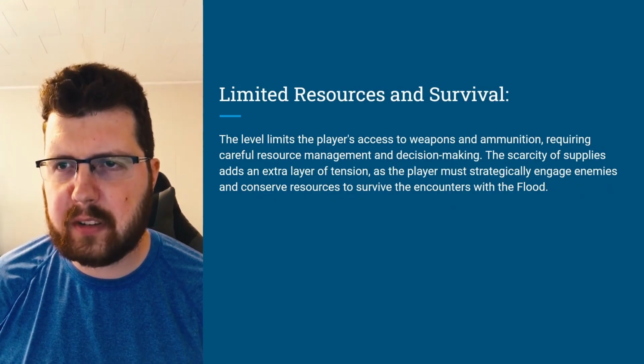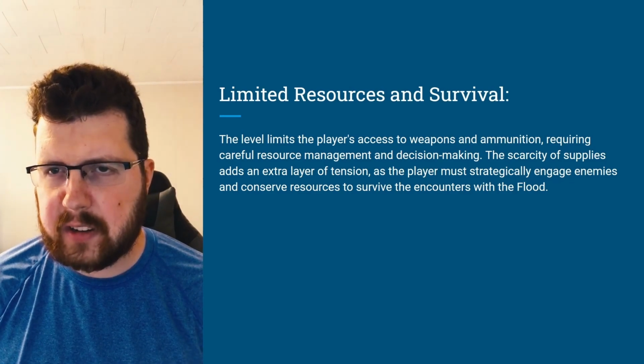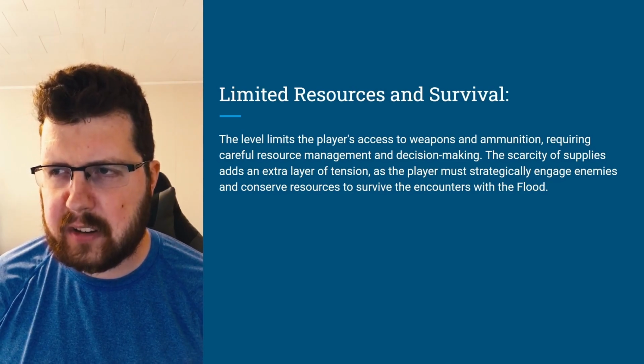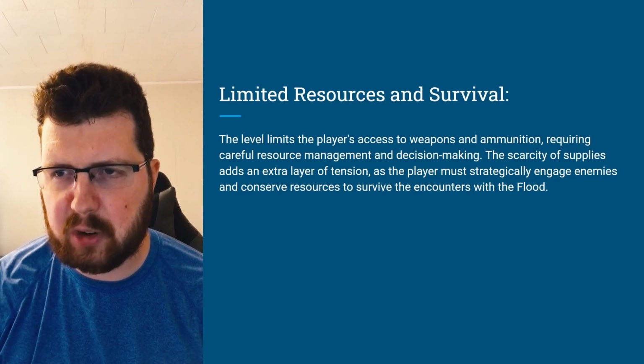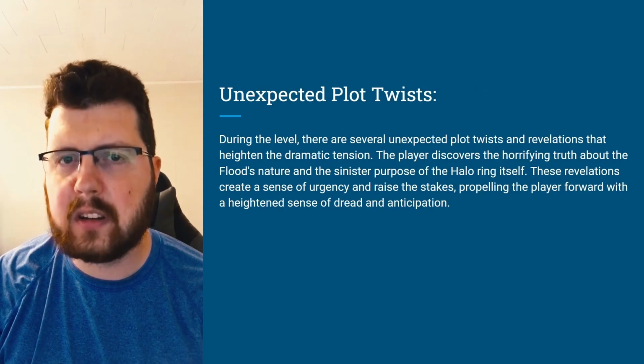The level limits the player's access to weapons and ammunitions, requiring careful resource management and decision-making. The scarcity of supplies adds an extra layer of tension, as the player must strategically engage enemies and conserve resources to survive the encounters with the Flood.